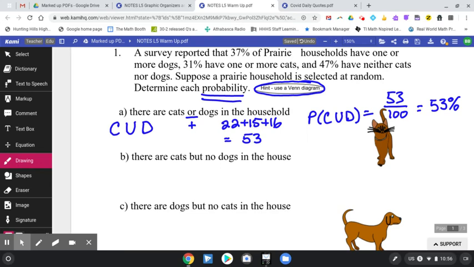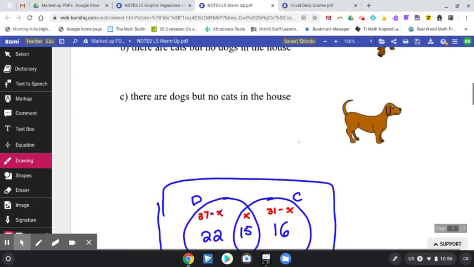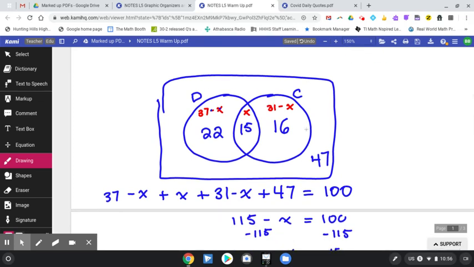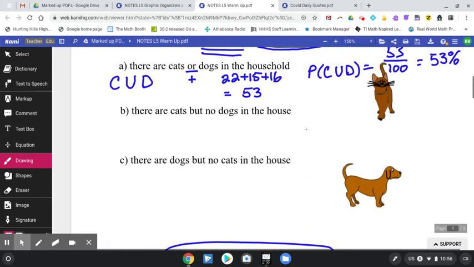All right, let's look at there are cats but no dogs. So right from our Venn diagram, all I have to do is look in the right place. These are the households that have cats, but they don't have dogs. So there's 16 out of 100, which would give us 16% of households have cats but no dogs.